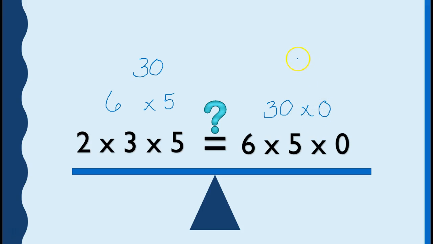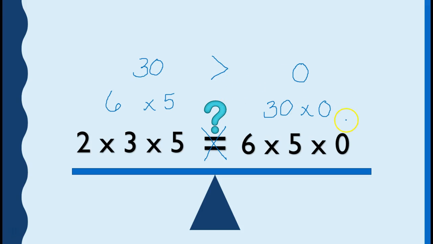Uh-oh, that powerful 0 wipes everything out. It makes it a 0. So no, this is not equal. I would have to say 30 is greater than 0.